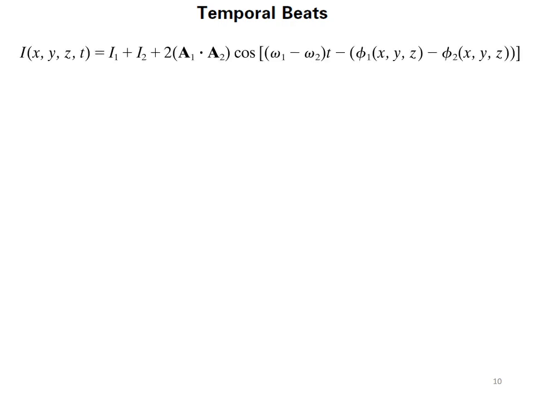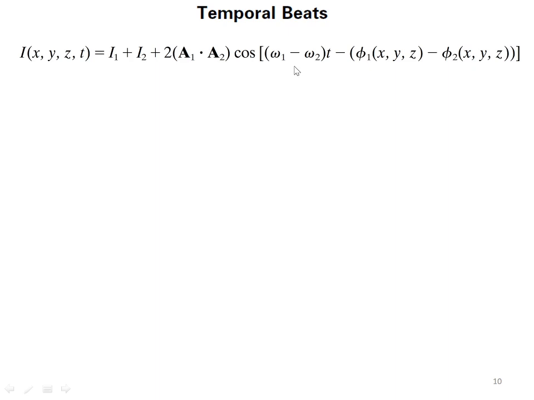I hope you remember our previous class where we had obtained the expression for intensity in general. This was I1 plus I2, the intensity of the first source and the intensity of the second source. In general means the two sources do not necessarily have the same frequency. In that case, the resultant intensity is going to be given by this, right?